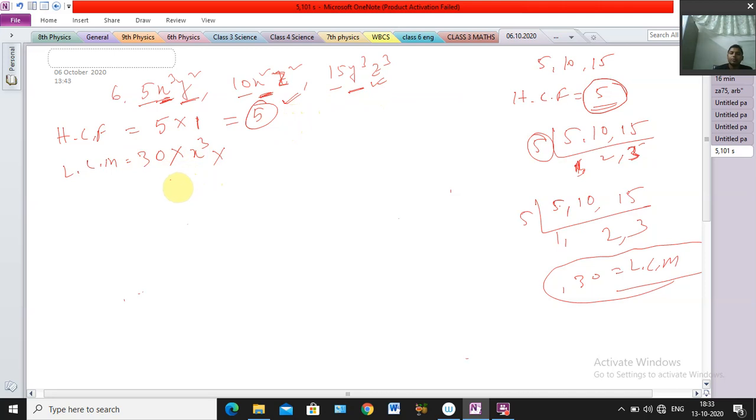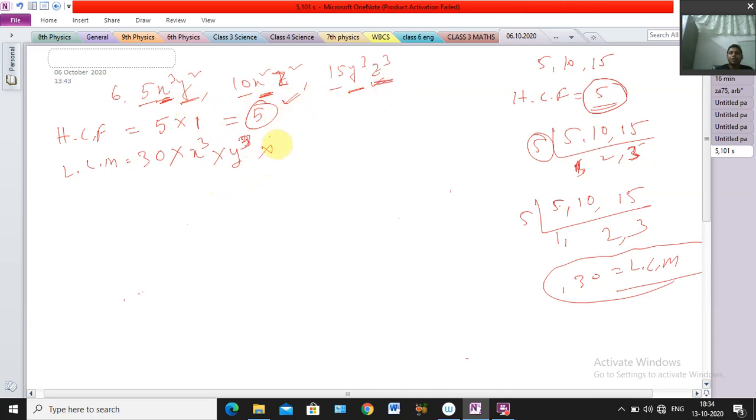Clear? Into, see that variable y: y square is there in the first part, in the second part no y, but in the third part y cube is there. So which one will we take for the LCM? Y cube. And z: in the first part no z, but the second part has z square and the third part z cube.